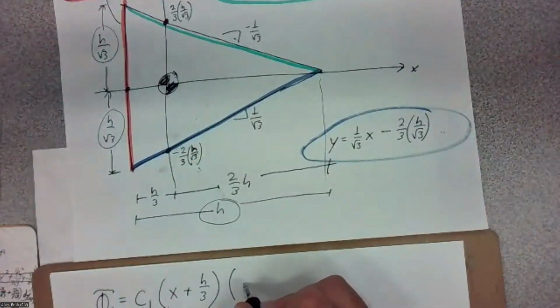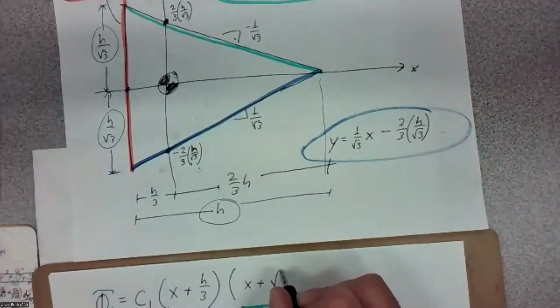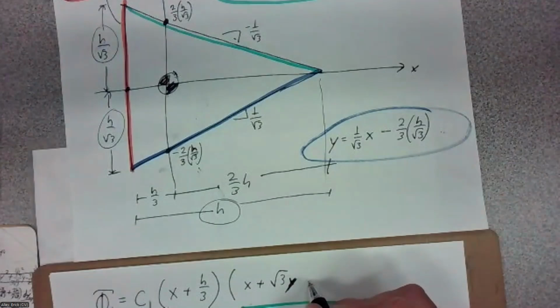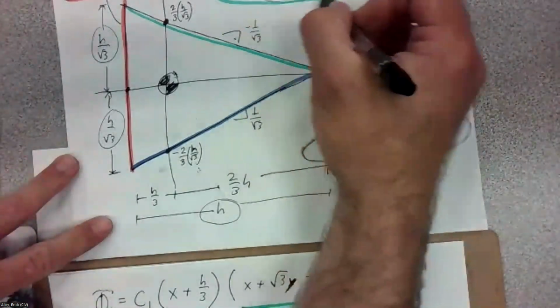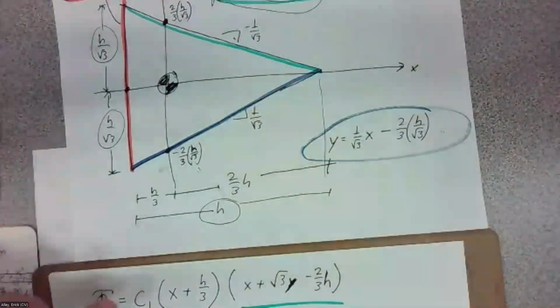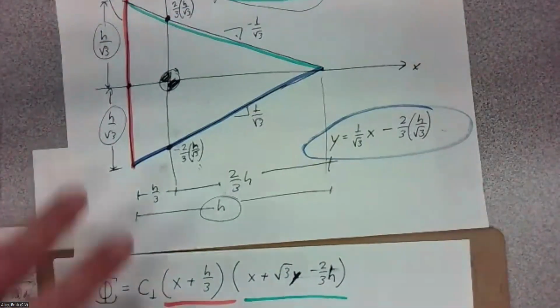So we'll say it's going to be x plus √3y, and then we got minus 2/3 of h. So everything over to the left side, and then I got rid of the radical in the bottom.